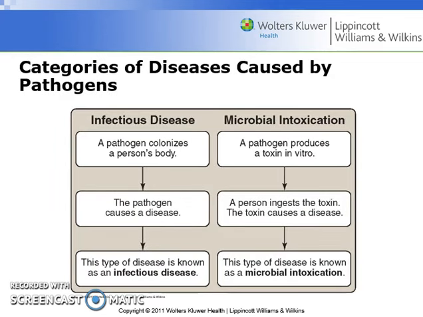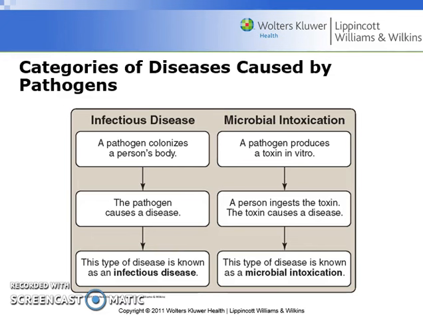Infectious diseases occur when you have a pathogen, a bacteria, a fungus, or a protist that colonizes a person's body, and then once it colonizes, it's going to start infecting tissue and inducing disease inside of that host. And so this is what we refer to as infectious disease because it infects the tissue of the body.